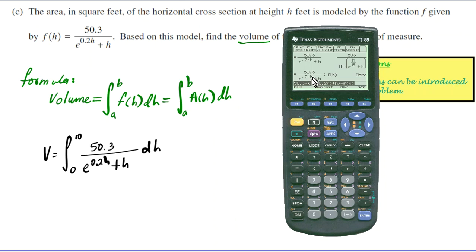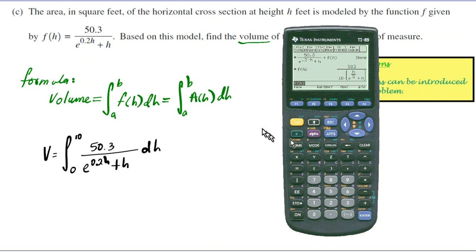So this left side matches perfectly with what I have here, 50.3 over e to the 0.2h plus h. Okay, so we have it done. Now just to make sure that it did exactly what I wanted, I can call back the function f of h. Bam. Okay, so f of h is stored.